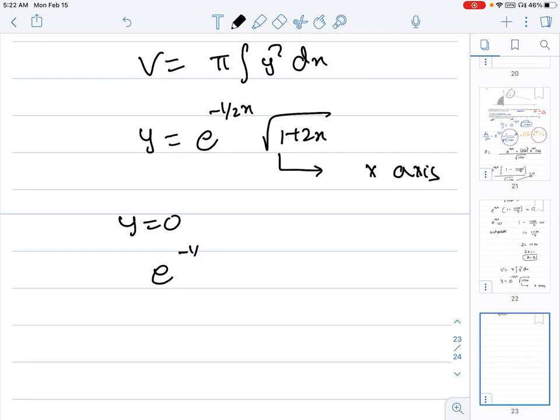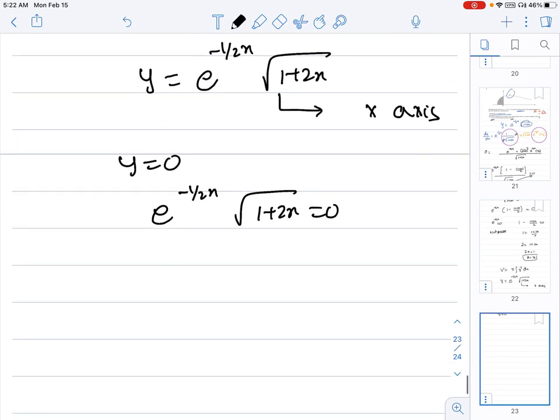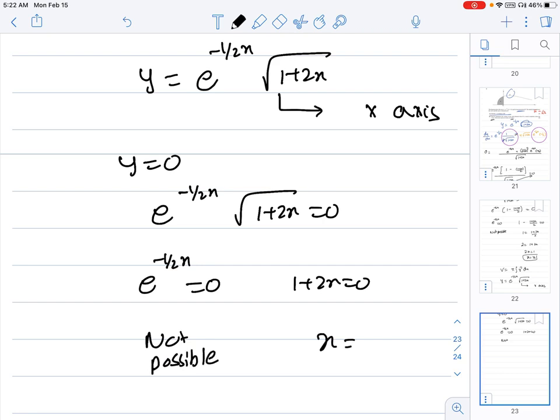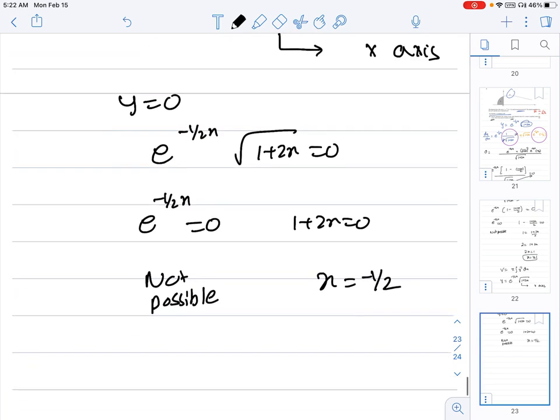So again e to the power of minus half x square root of 1 plus 2x is equal to 0. E to the power of minus half x equals 0 is not possible, or 1 plus 2x is equal to 0. So x is equal to minus 1 by 2.